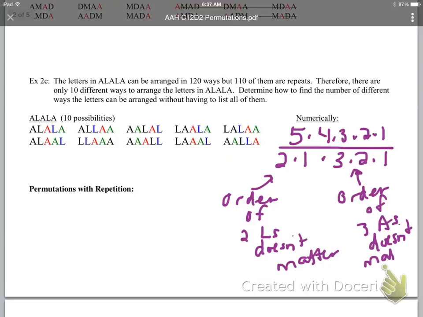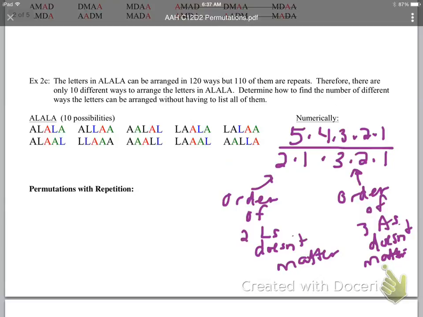So we have to divide by the number of ways the identical objects can be arranged, is what we're essentially doing. We can't count these extra ways. I didn't write out all 120 ways that we could arrange those letters, but ultimately there are only 10 different arrangements.